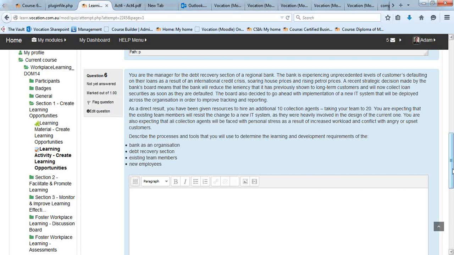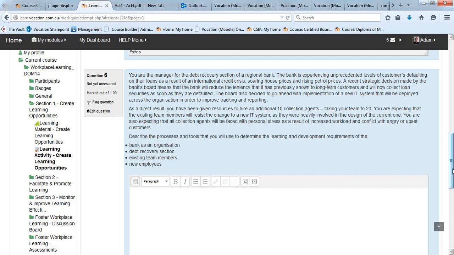The last 5 questions have really all been focused on the concept of learning, what it means, what a learning organisation is. So that's giving you the background and support knowledge around the whole concept of learning.